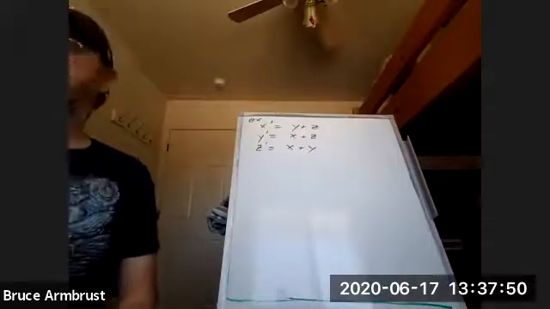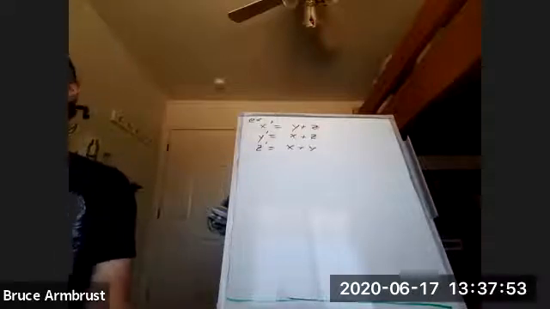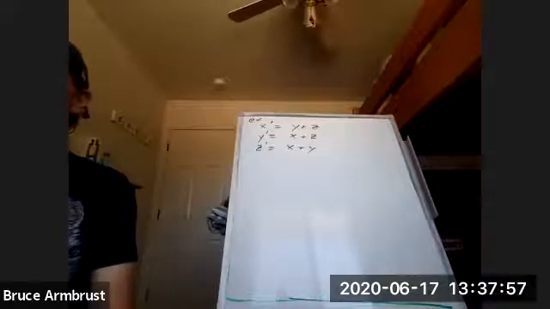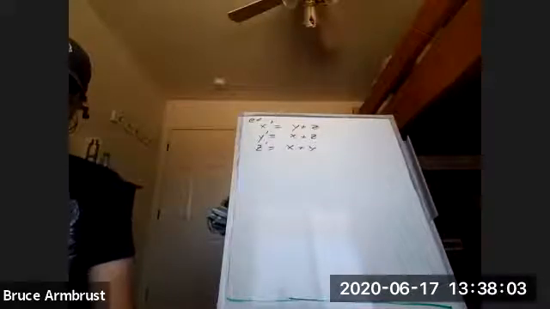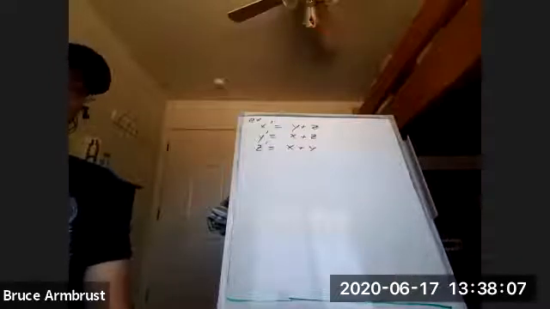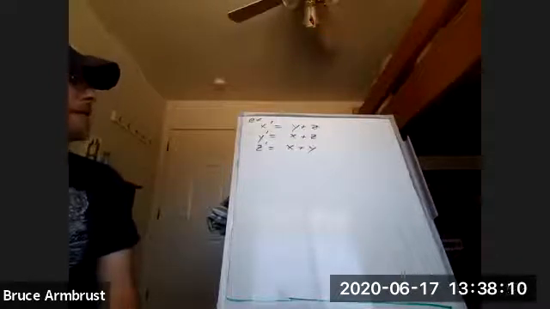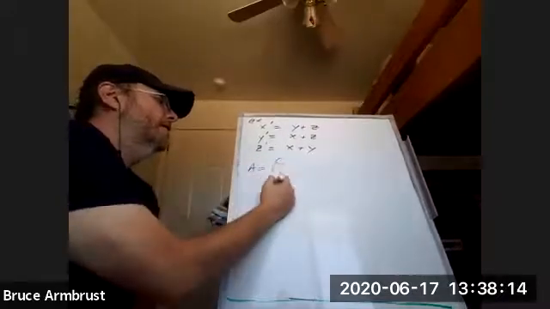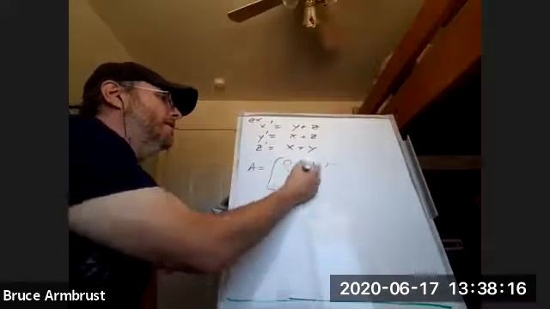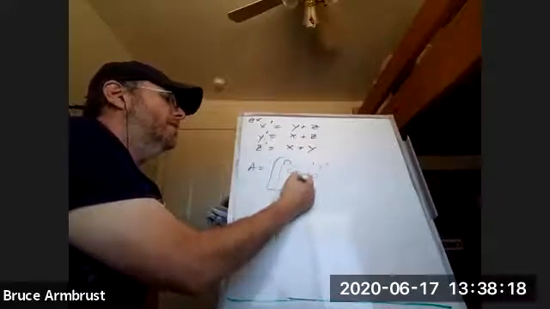So whatever kind of weird relationship we've got here, the rate of change in one of them depends on the sum of the other two. All right, so let's make A and find its eigenvalues. A, in this case, is going to look like 0, 1, 1, 1, 0, 1, 1, 1, 0.